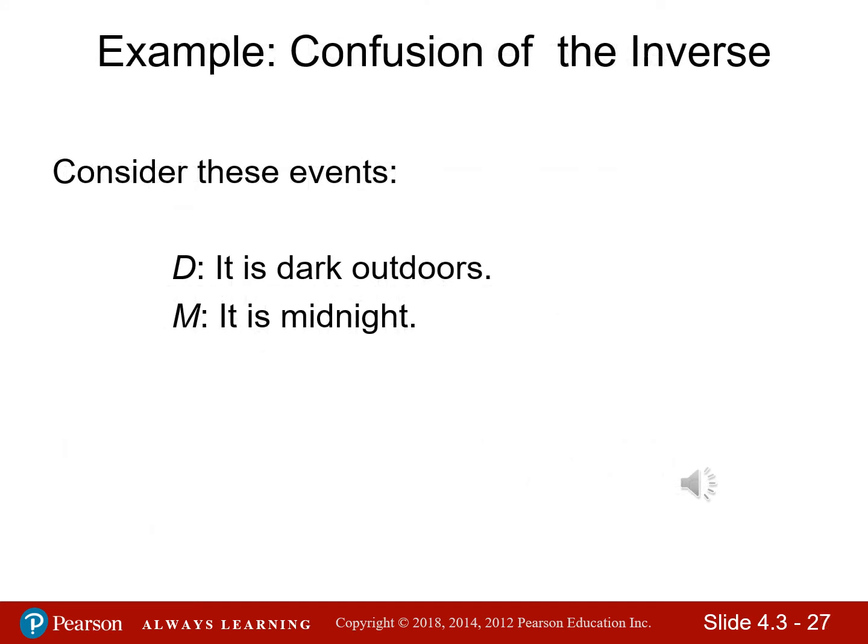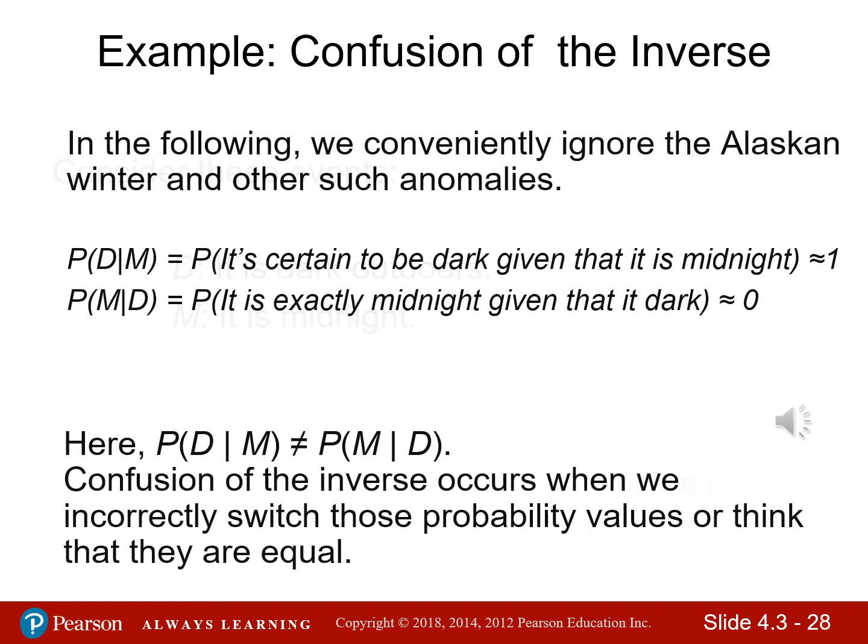Let's consider these two events. Event D is that it is dark outside, and event M is that it is midnight. In this example, we're going to ignore anomalies like an Alaskan winter, where daylight hours can be as few as 4 hours a day. So let's consider a couple of probabilities. The first probability is the probability of D given M, which is the probability it is certain to be dark given that it is midnight.